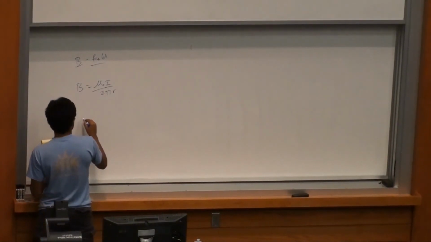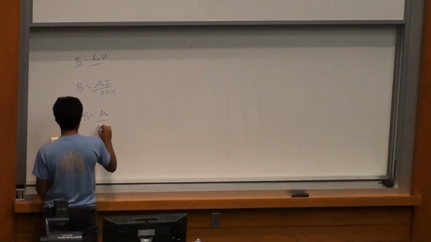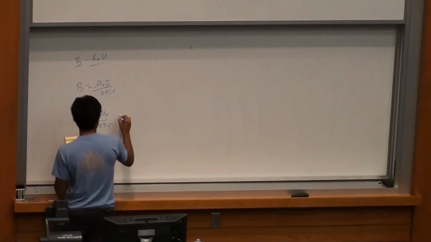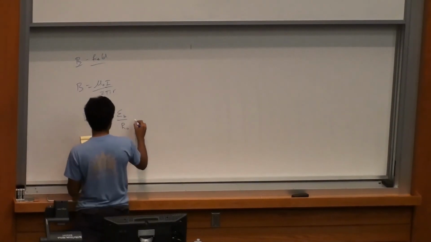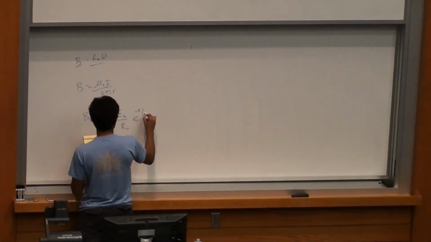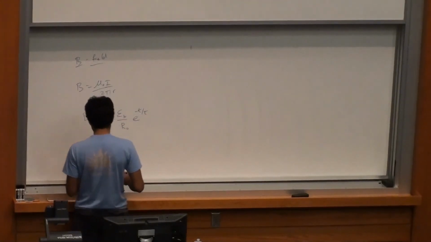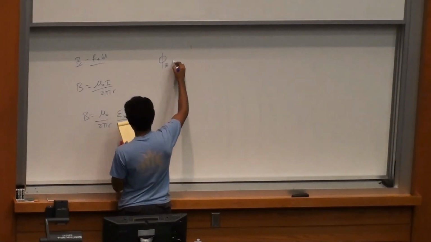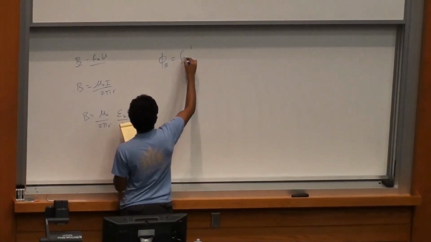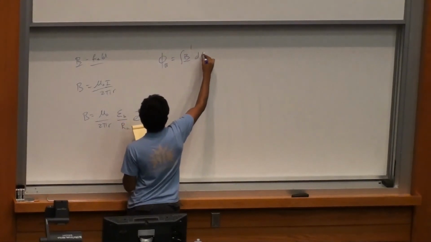So now I can plug in stuff. The magnetic field is going to be mu naught over 2 pi R, EB over R0, e to the negative t over tau. Now I need to calculate the flux. My magnetic flux is equal to the integral of B dot dA.